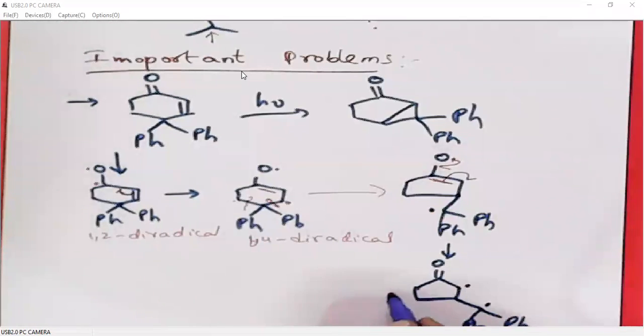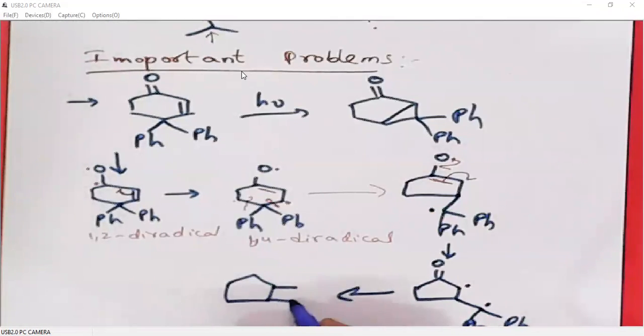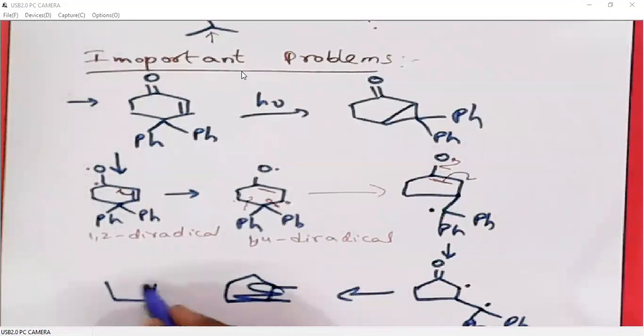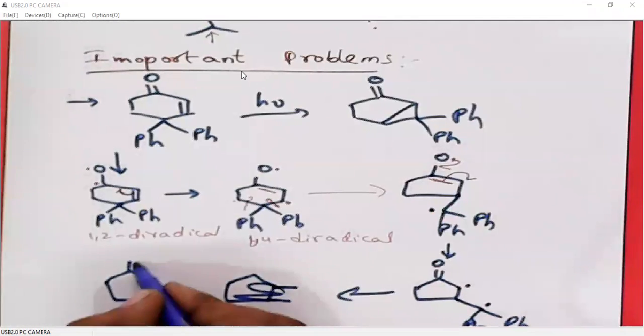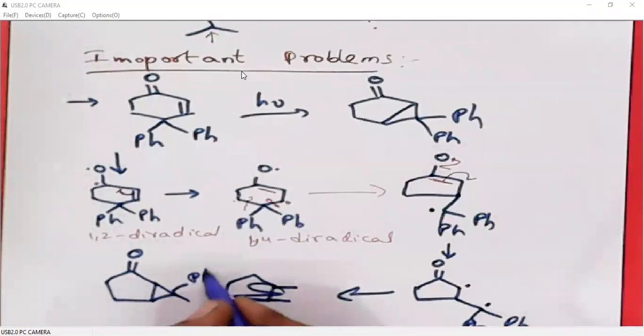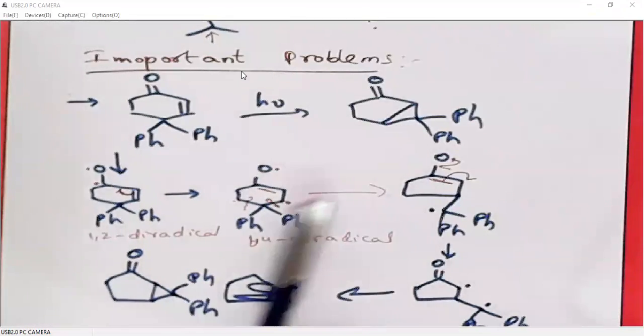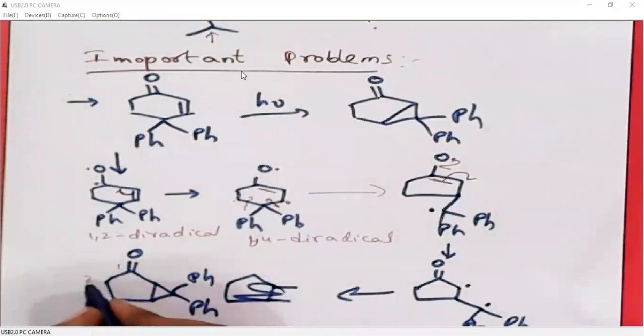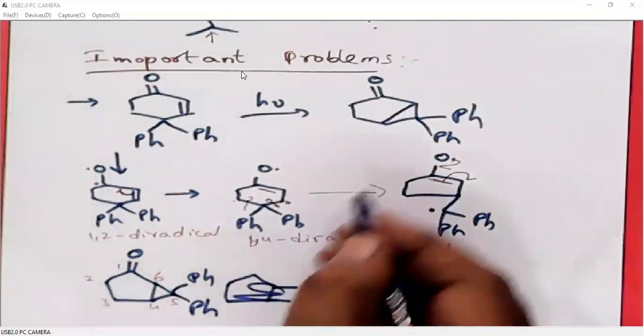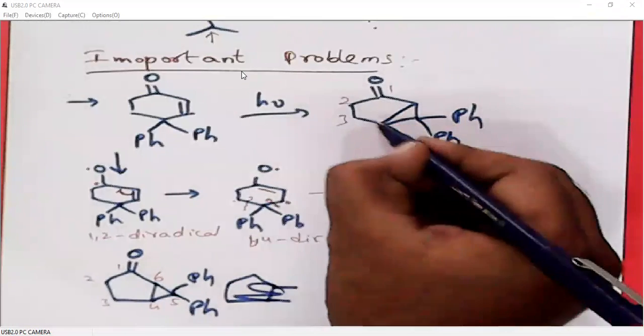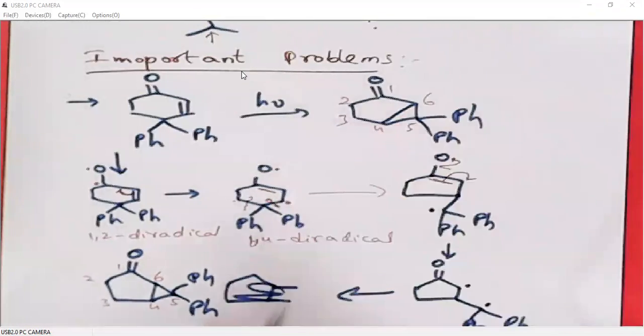Now these two will undergo bond formation to generate the 3-membered ring. Right. Now see, this is the same molecule, right? 1, 2, 3, 4, 5, 6. 1, 2, 3, 4, 5, 6.